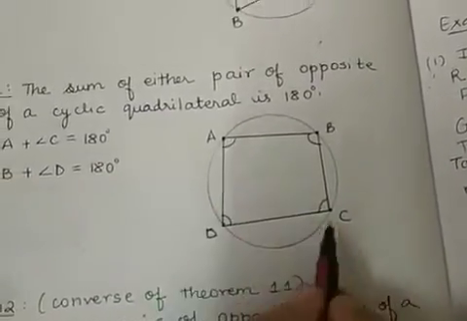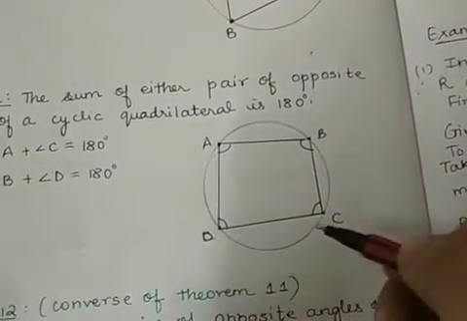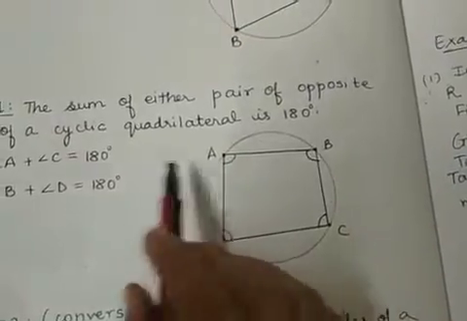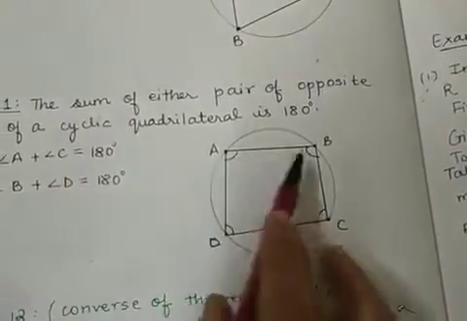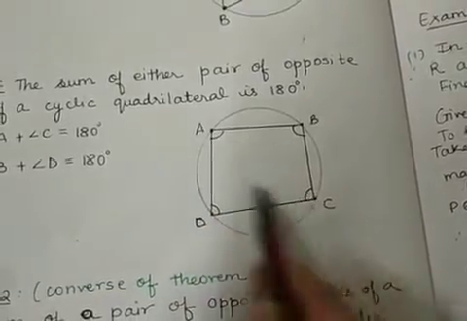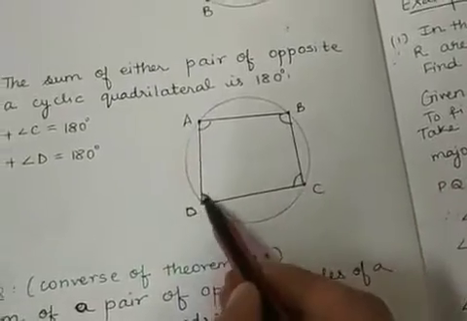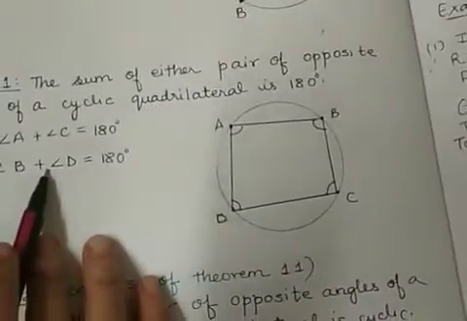Angle A is opposite to angle C and angle B is opposite to angle D. So according to the theorem, if this is a cyclic quadrilateral, then angle A plus angle C is equal to 180 degrees and angle B plus angle D is equal to 180 degrees.